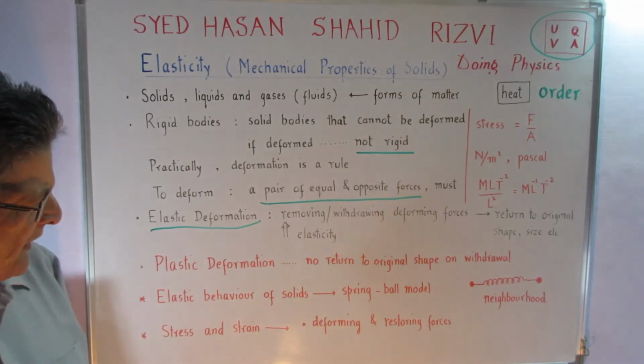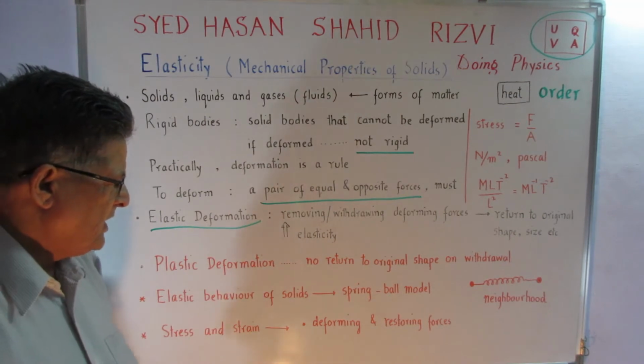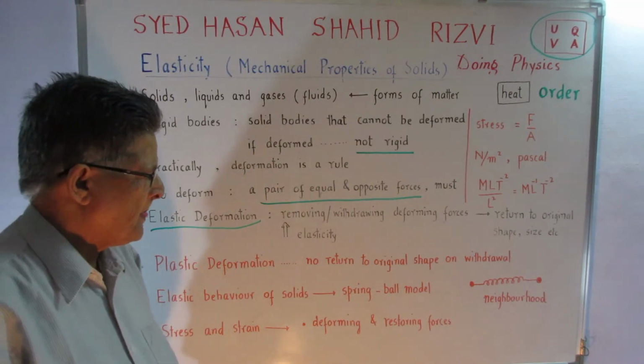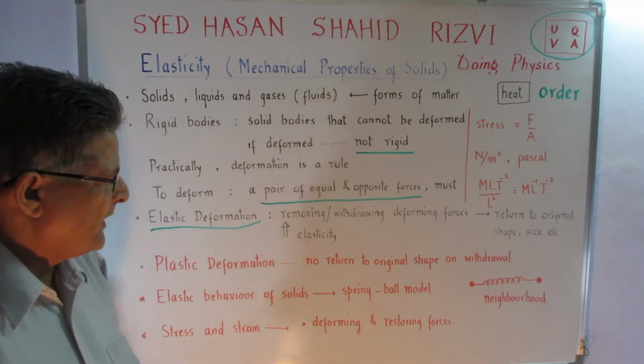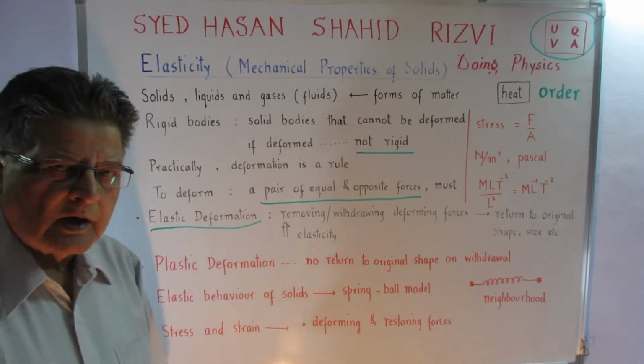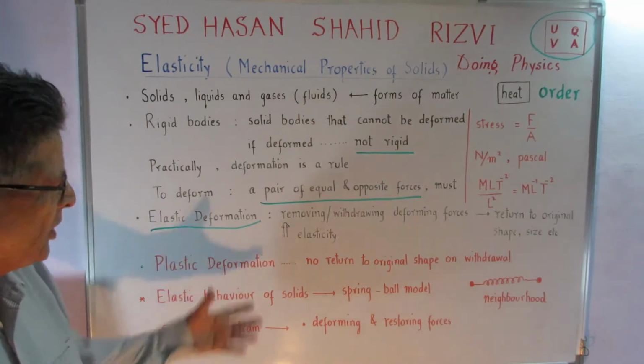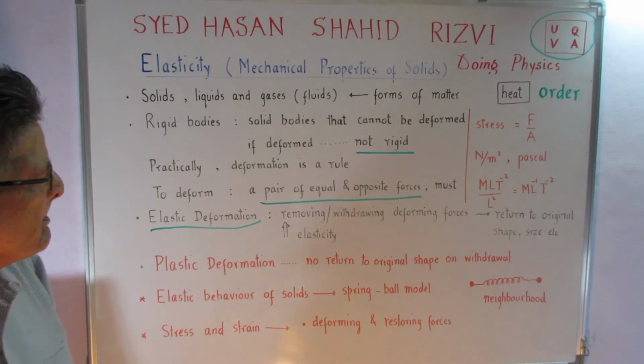And the deformation you see in the case of metals and alloys and many other things is not very high, maybe 1% or 2%, and beyond that its behavior will become different. We'll talk about that behavior shortly.